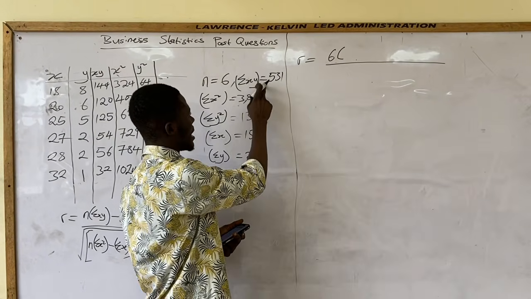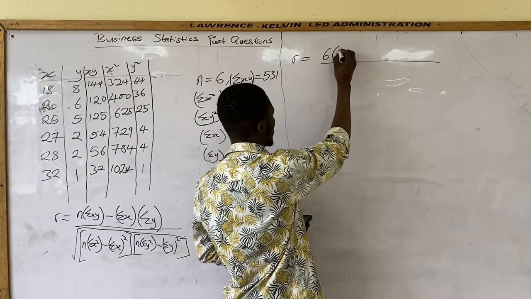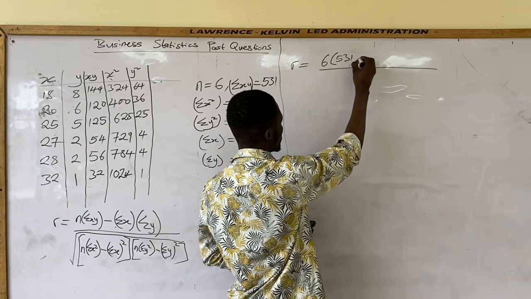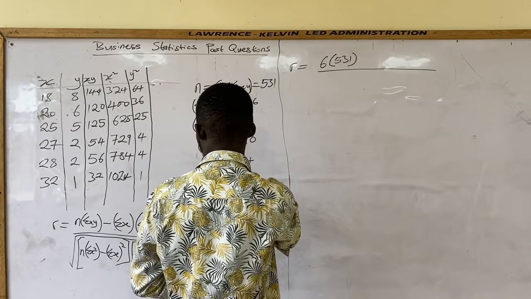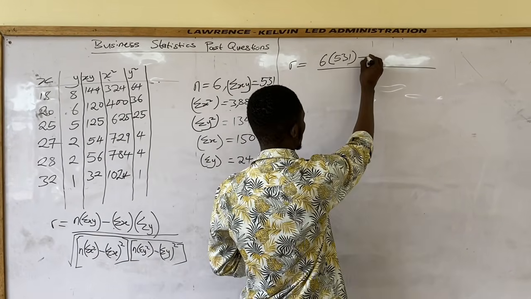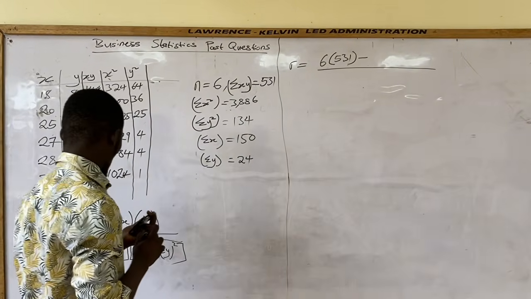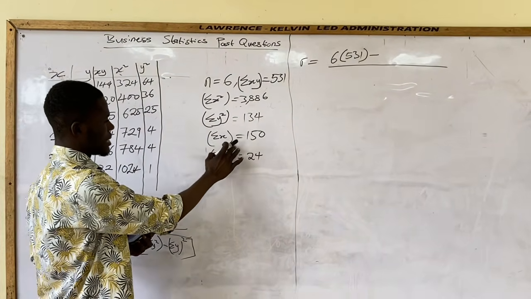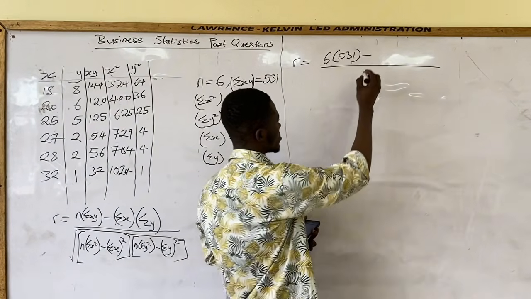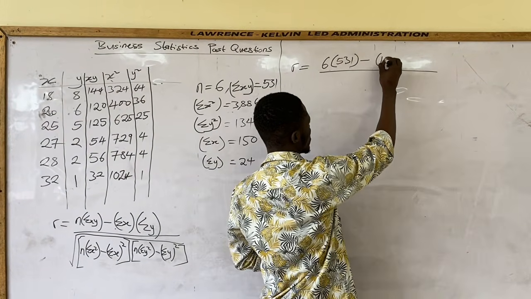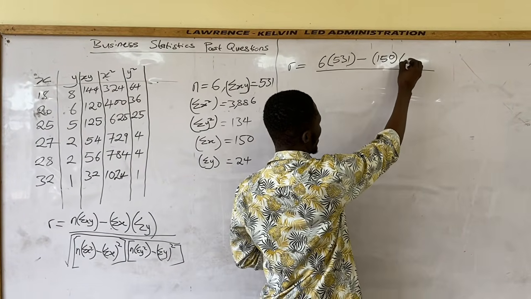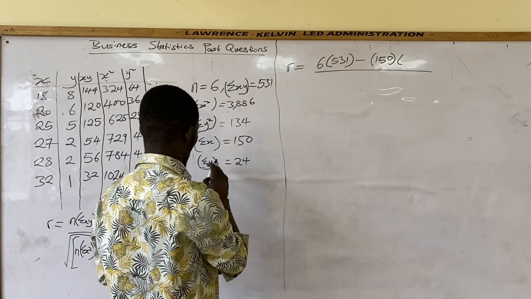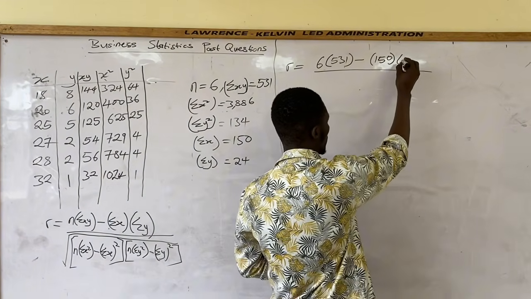Our sigma sy is 531. Minus our sigma s, 150, multiplied by our sigma y, which is 24.